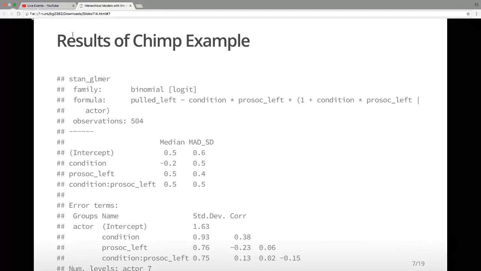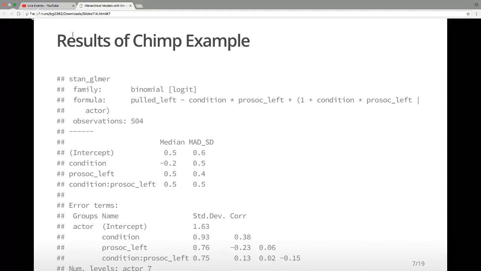There were 504 observations, so that may seem a little bit surprising, but maybe more or less surprising when we consider the error terms, which are really only error terms from a frequentist perspective. But we have posterior medians of the estimates of these things.